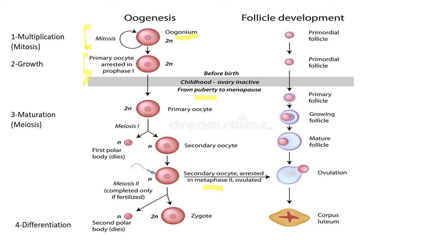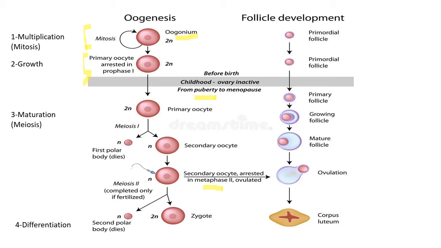Oocyte 2 will not continue the meiotic division and will die after 24 hours if fertilization doesn't occur.